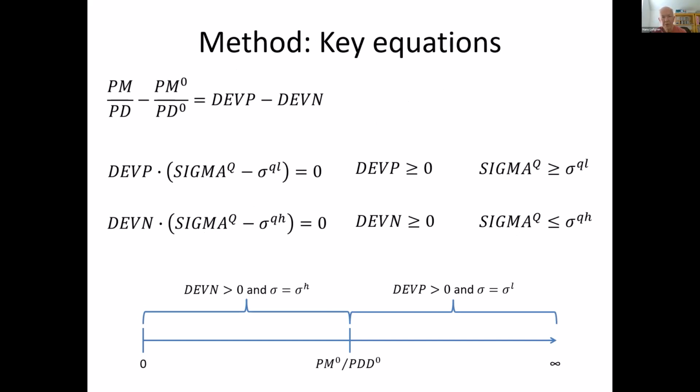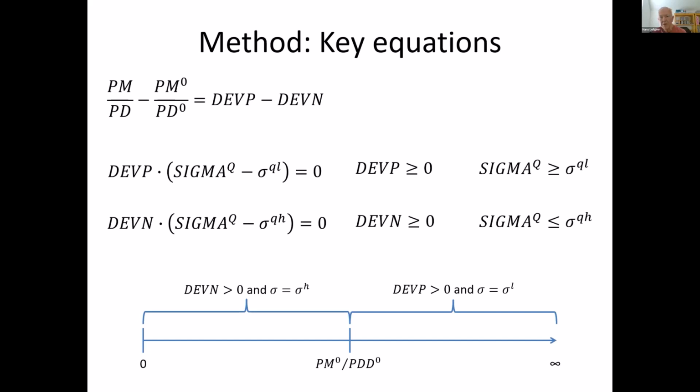And to capture the asymmetric Armington function, we have a mixed complementarity component in the model that includes variables with upper and lower limits, and complementary slackness conditions. So the way it works is that you can see here that we have dev P, which stands for positive deviations, dev N for negative deviations, and those are non-negative variables.